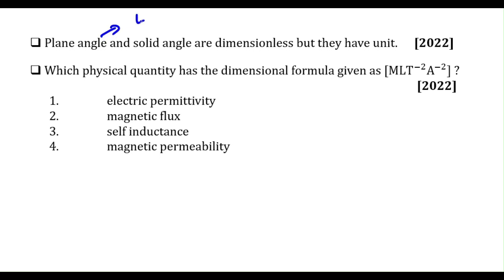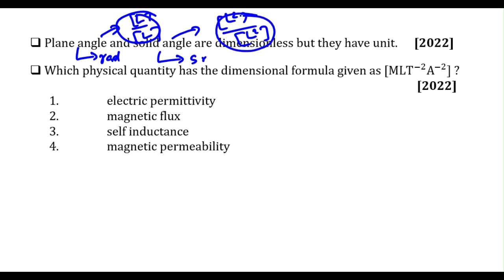Plane angle is length by length, and solid angle is length squared by length squared. So although we have SI unit radian for these two quantities, we can't find dimensions because similar quantities are there. So dimensionless, but unit is there. Okay, moving to the next question.